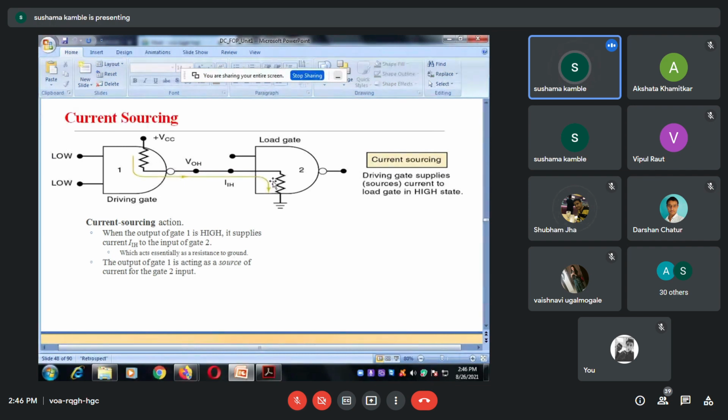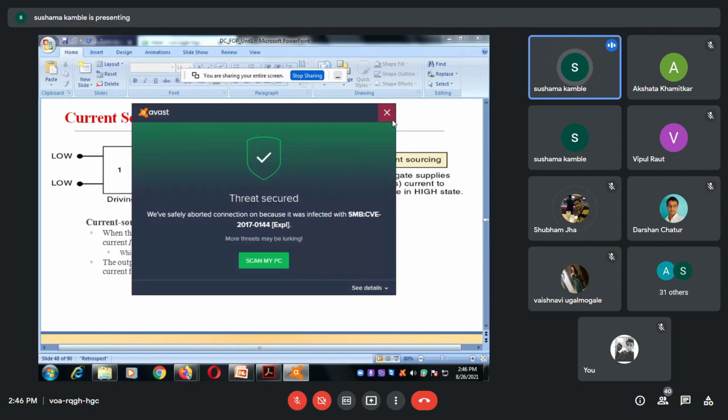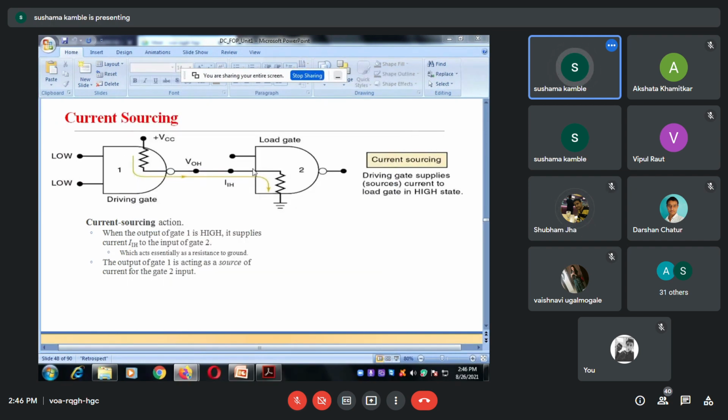That other circuit is called the load circuit, and this is called the driving gate. So this driving gate supplies or sources the current to the load gate in a high state. This is called current sourcing. You should know the diagram for this purpose, and these arrows are important. Current is flowing from this direction to this.